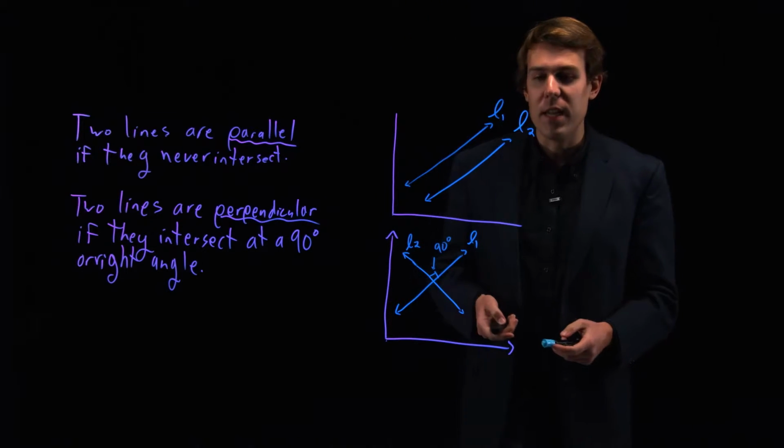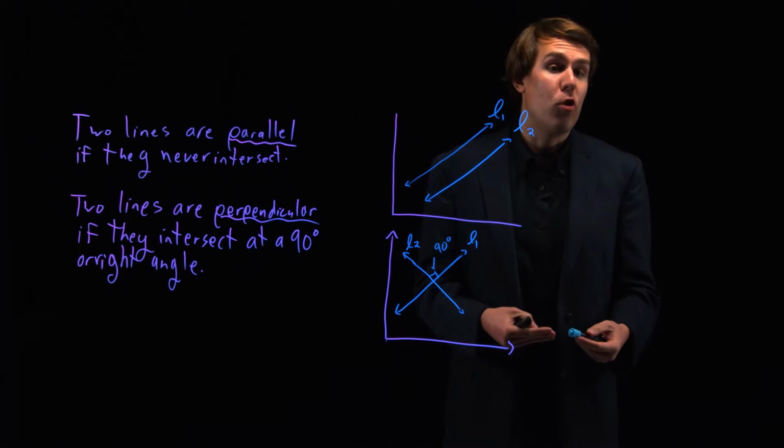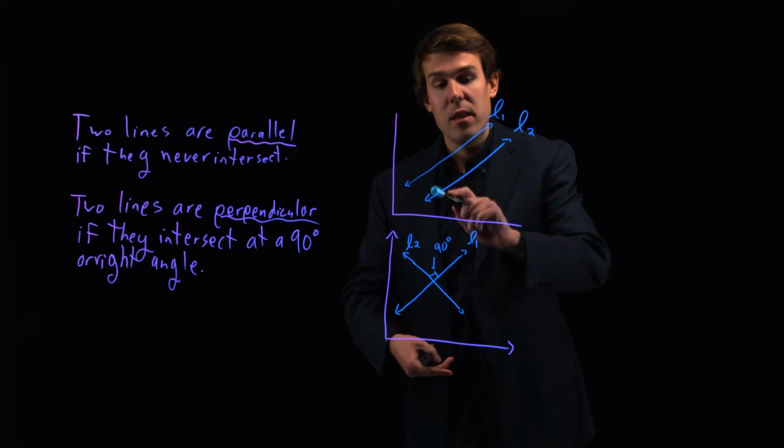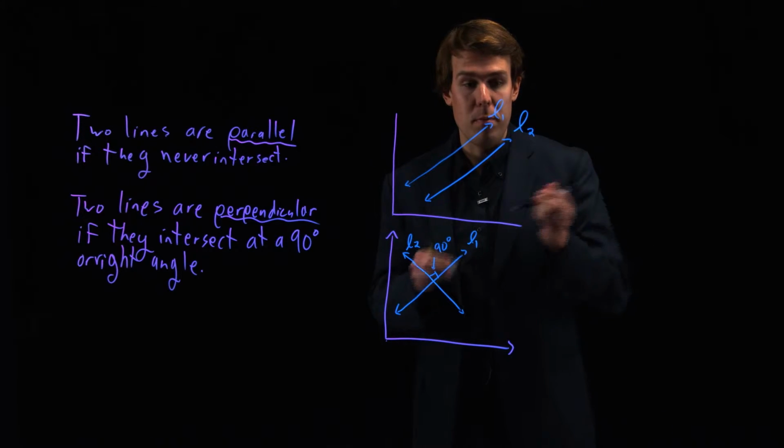So we have a visualization of these lines. We'll also try to characterize them in terms of the slope of these lines. Here, these have what look like the same slope.